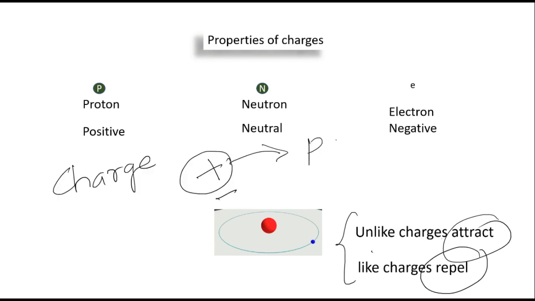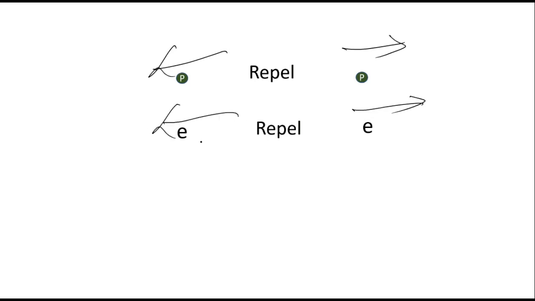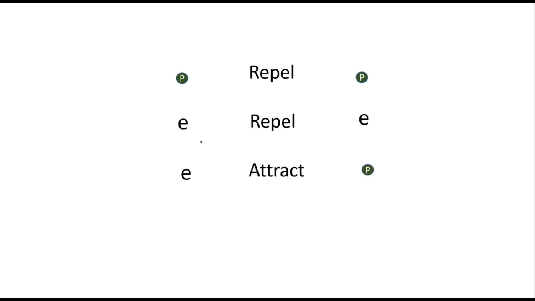So finally, what we have learned is that like charges, proton and proton, repel. Repel means they move away, or electrons and electrons, again they move away because they are like charges, whereas unlike charges, that is negative and positive, if you keep them, they attract.